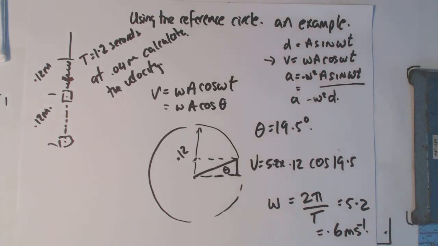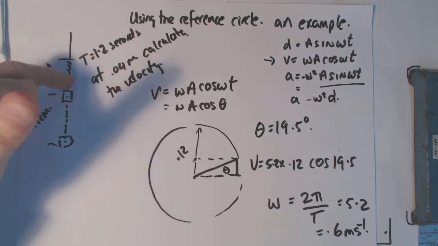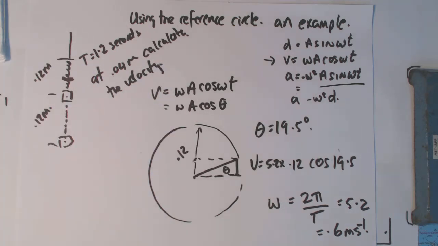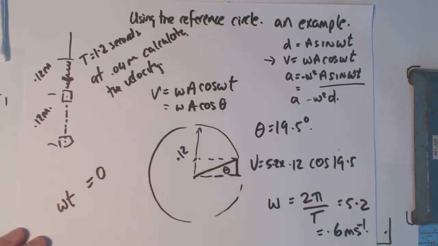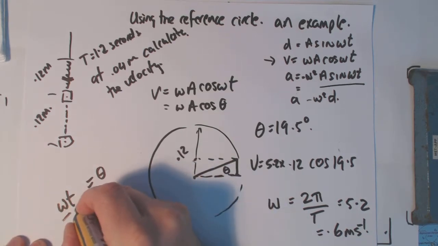Now, that's finding the velocity. If I wanted to find the time at which it got to that 4 centimeter mark, then I could just go omega t equals theta. Now my theta was 19.5 degrees, but this is radians per second times seconds.